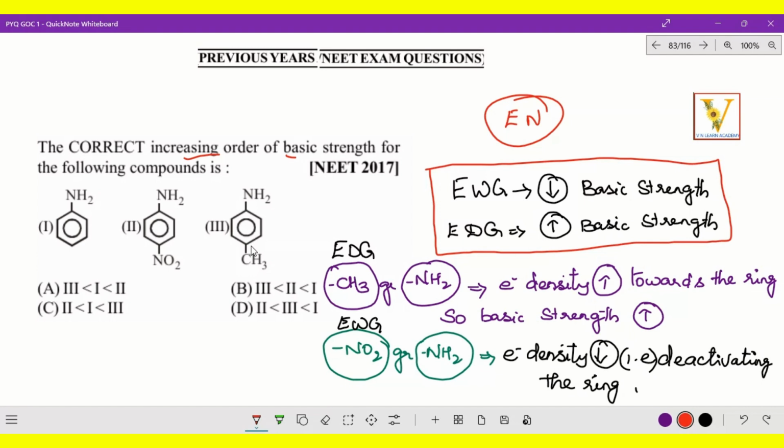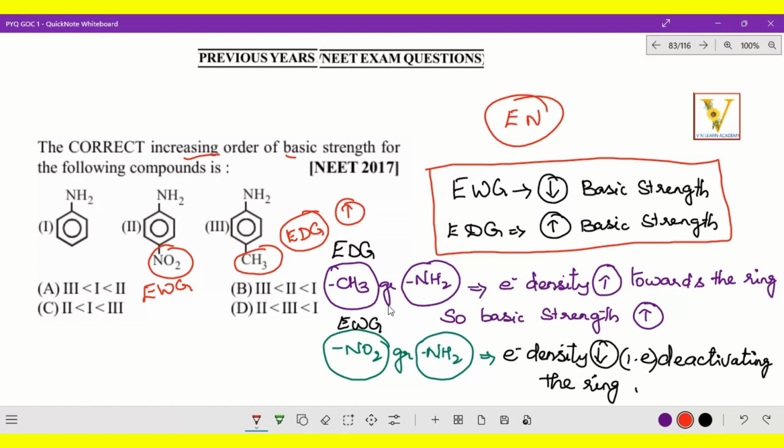In this one a nitro group is attached to aniline, and here a CH3 group is attached. The nitro group is an electron withdrawing group, whereas CH3 is an electron donating group.